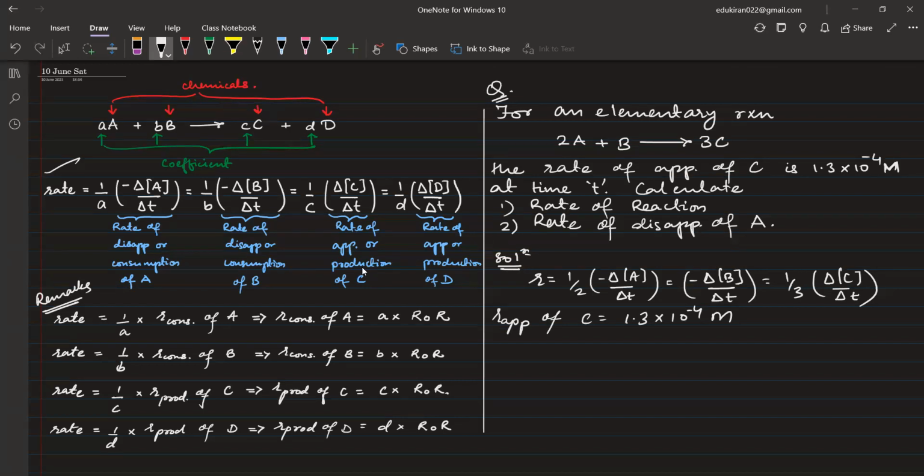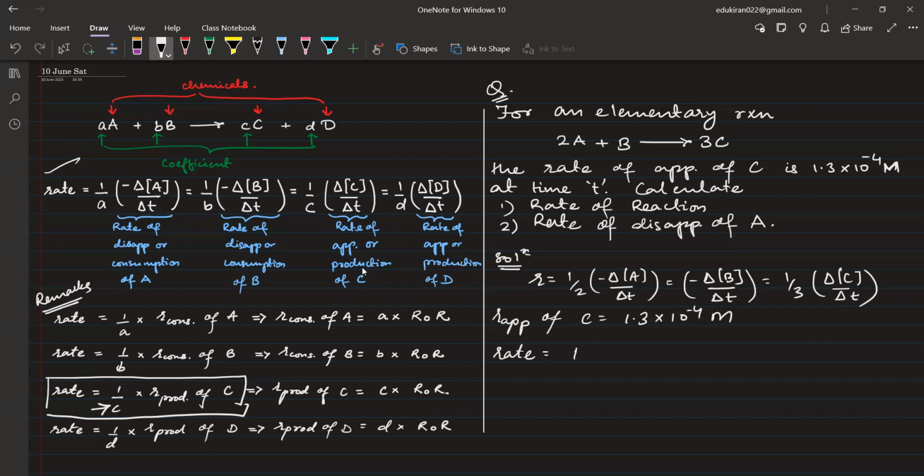Now, do you see any relationship between the rate of appearance of C and the rate of the reaction? Yes. C, that means the stoichiometric coefficient. The rate of the reaction is equal to 1 by c into rate of production of C. So I can write rate is equal to, what is the small c here? In this reaction, what is the small c? 3.